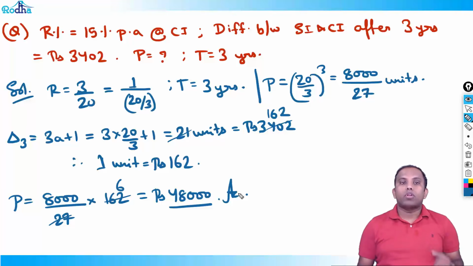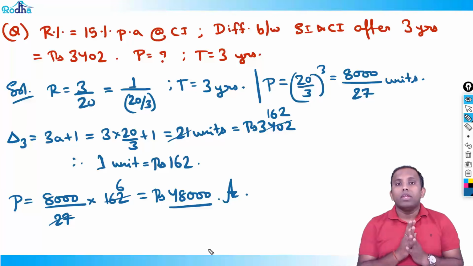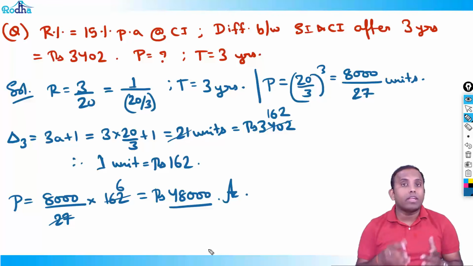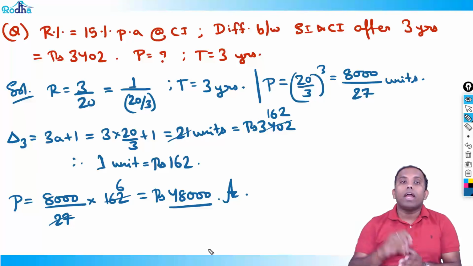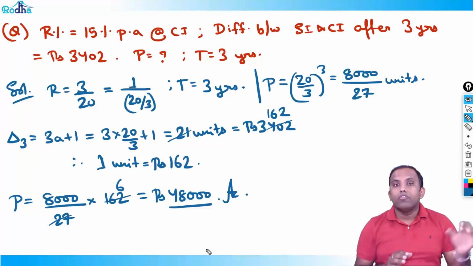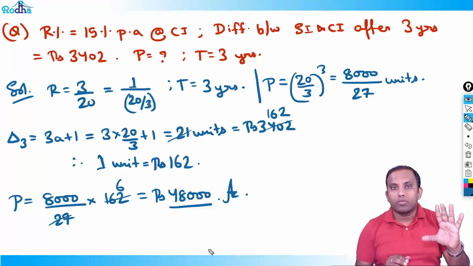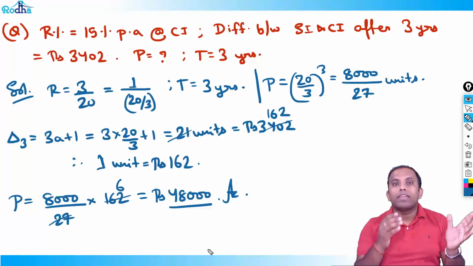Right, so this kind of shortcut we should be able to see. The motto here is to get the concept, and in getting those concepts, if we can create some shortcuts, it will be well and good. For every question, I can't apply this shortcut, because it is derived from a logic.